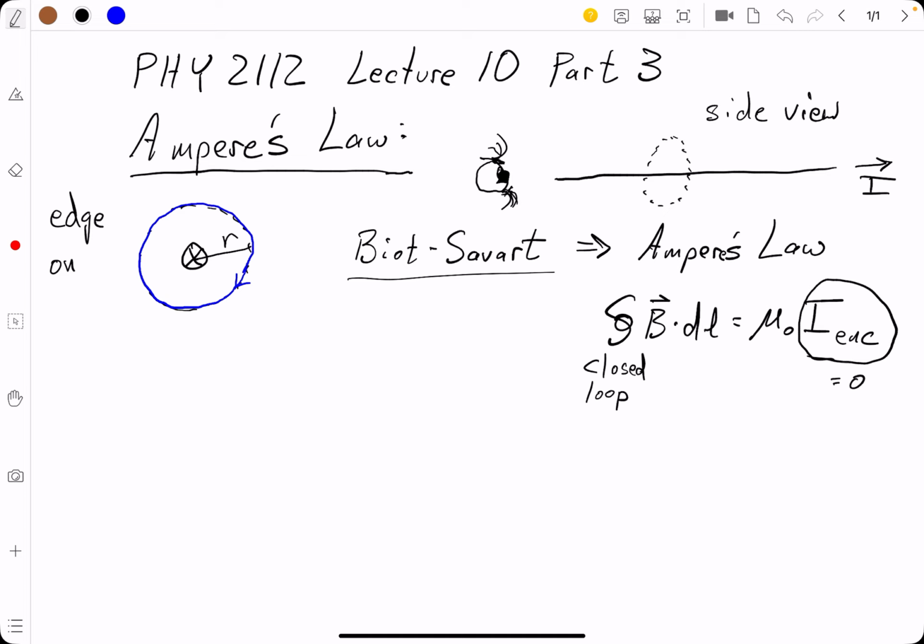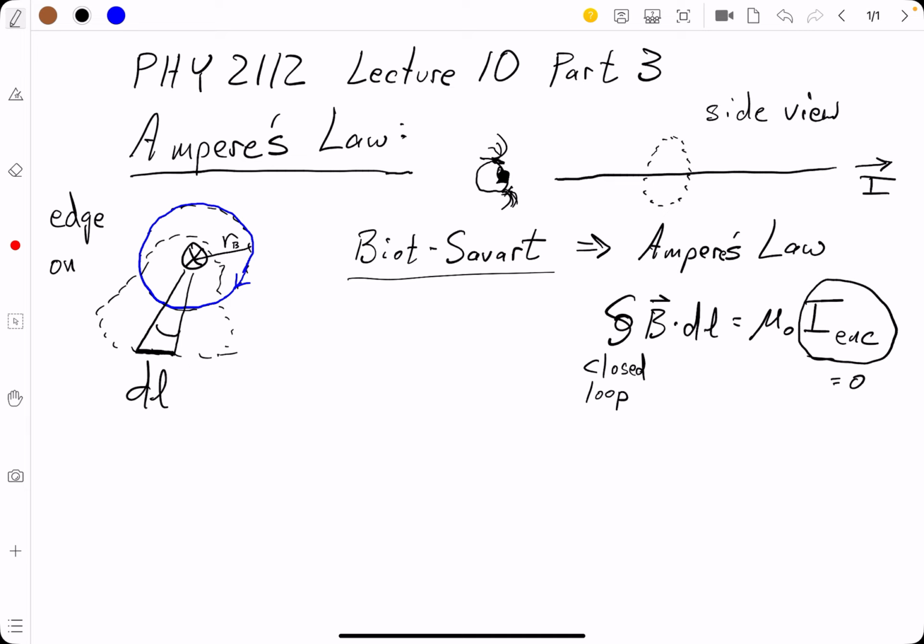Let's draw another loop, and we're going to draw our loop like this, okay? And let's give ourselves a section of dl here, so that's our section of dl.